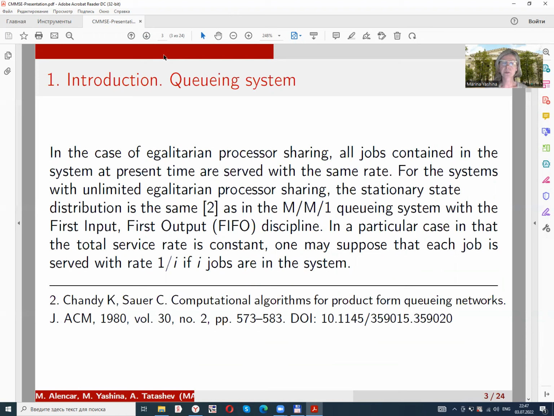For the system with unlimited egalitarian processor sharing, the stationary state distribution is the same as in the M/M/1 queueing system with first-in, first-out discipline. Since the total service rate is constant, one may suppose that each job is served with rate 1/i if i jobs are in the system.